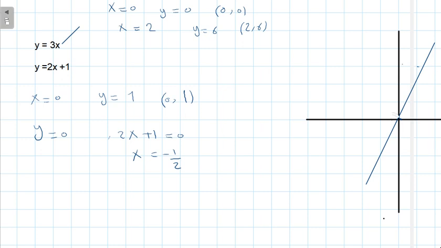So the points are minus half, 0 and 0, 1. 0, 1 will be here, and minus half with 0 will be like this.